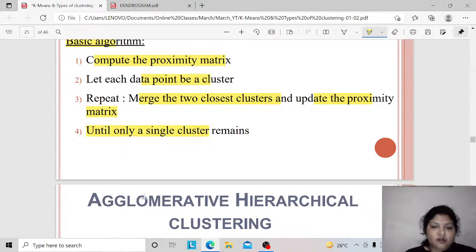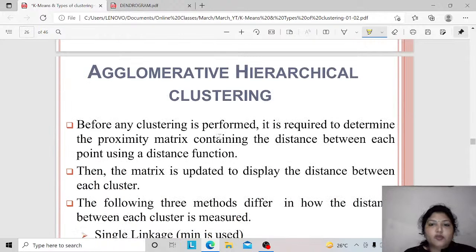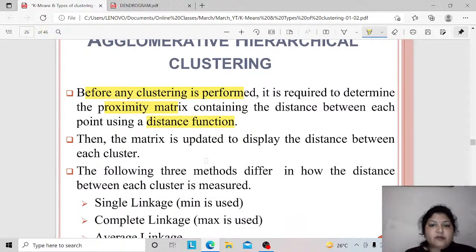Before any clustering is performed, it is required to determine the proximity matrix containing the distance between each point using a distance method. Then the matrix is updated to display the distance between each cluster.